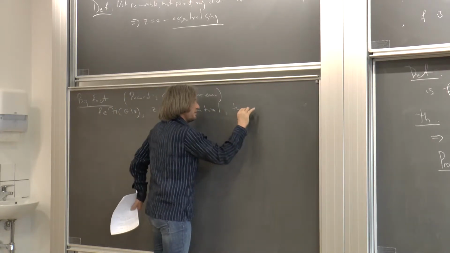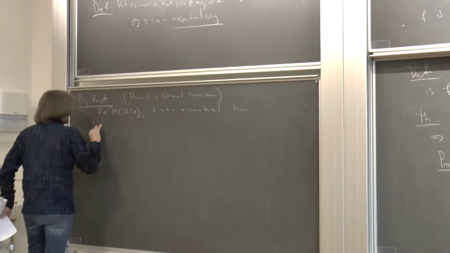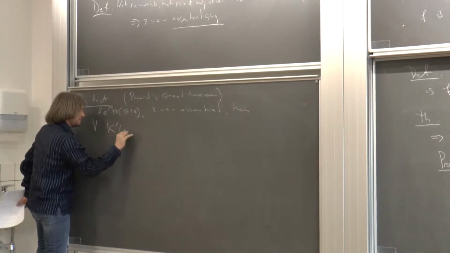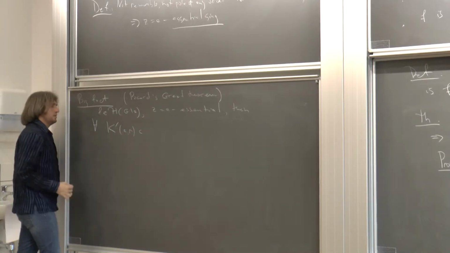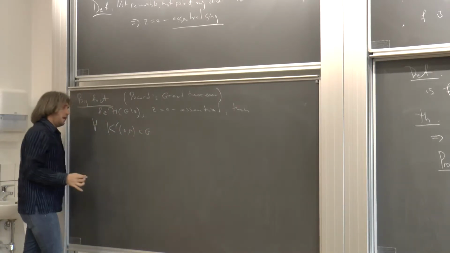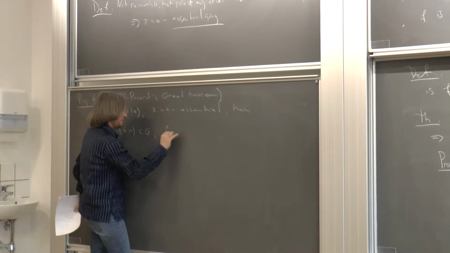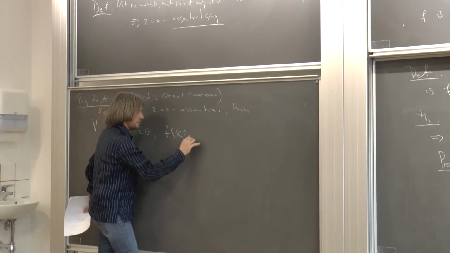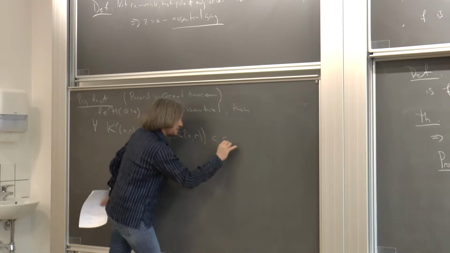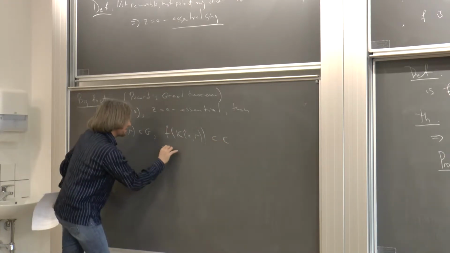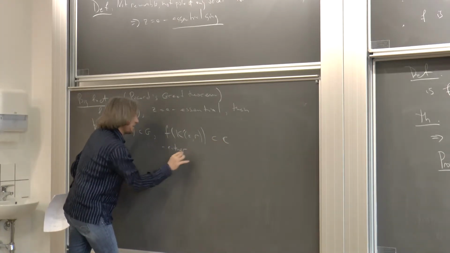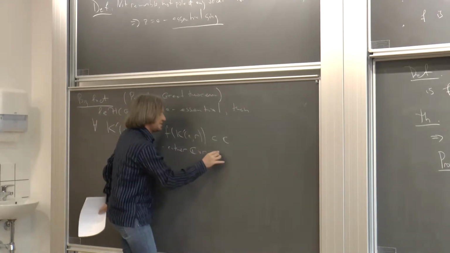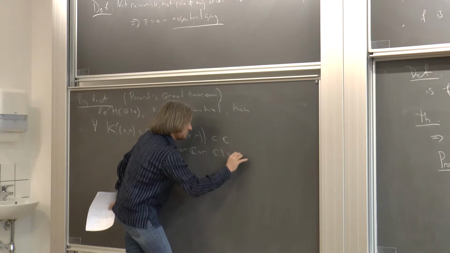Then for every punctured disk K prime A R around this point inside G, the image of this punched disk inside C is either the whole C or C minus 1 point.